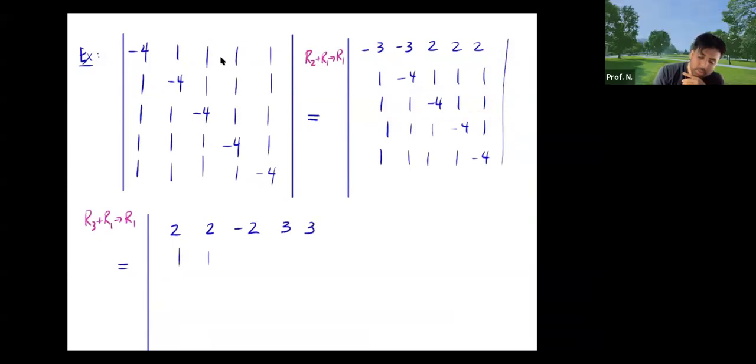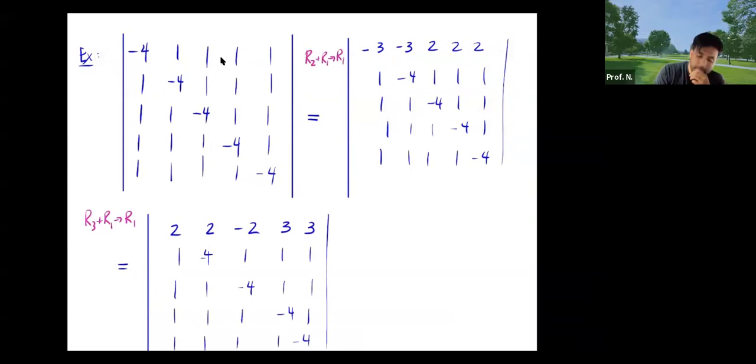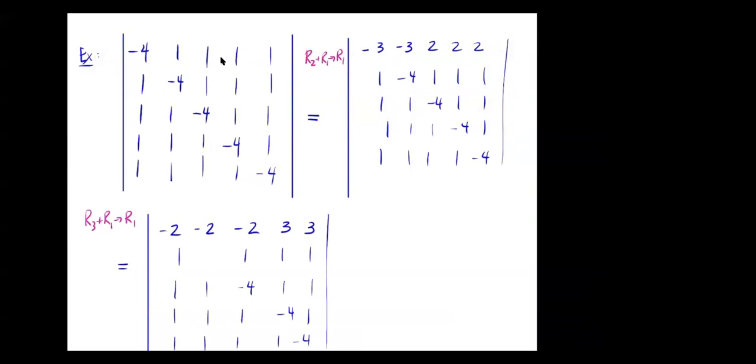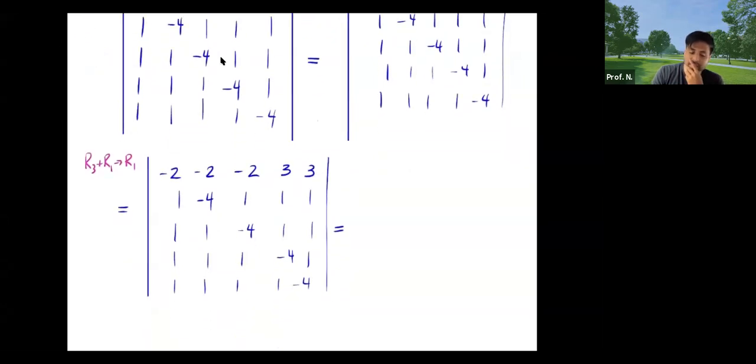This becomes 1, 1, -4, 1, 1, 1, 1, 1, -4, 1, 1, 1, 1, 1, -4, 1, 1, 1, 1, 1, -4. Wouldn't the first two twos be negative? They are. Thank you, Alexa. Thank you, Sam. Sometimes, just adding two numbers, it's impossible, right? And then do the same thing. R4 plus R1 into R1.